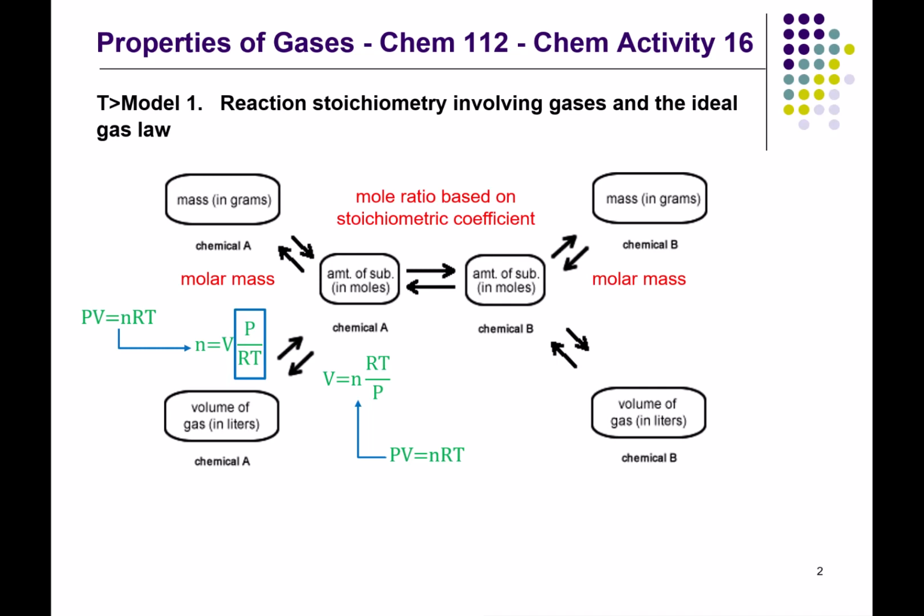So it's just a different set of conversions that allow us to interconvert between moles and volume of a gas. Of course, if you have the pressure of the gas, you can also interconvert in that fashion. So we'll take a look at a couple of examples of applying stoichiometry to balanced chemical equations involving gases.